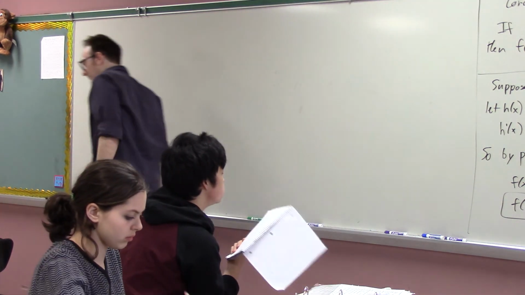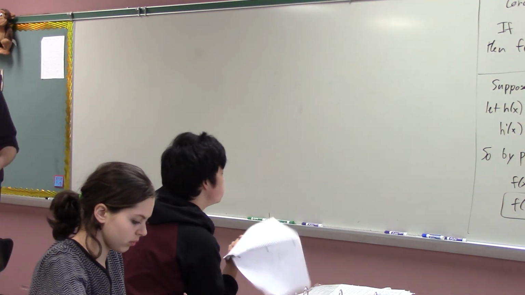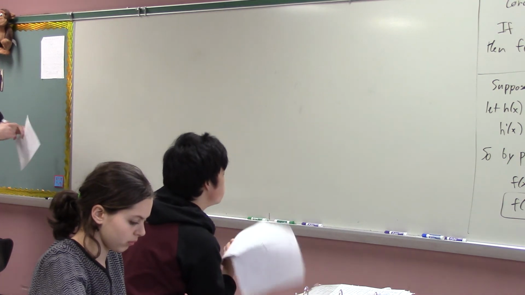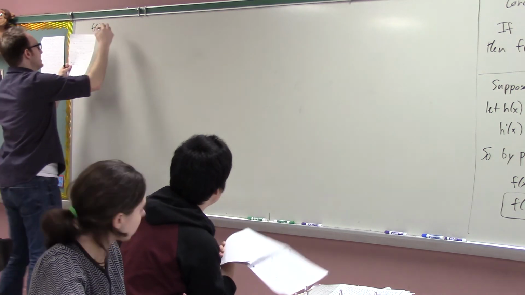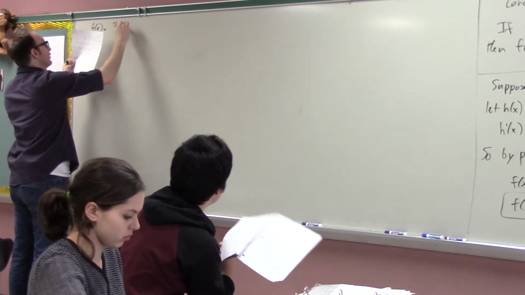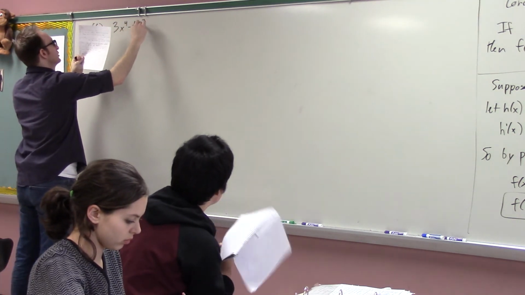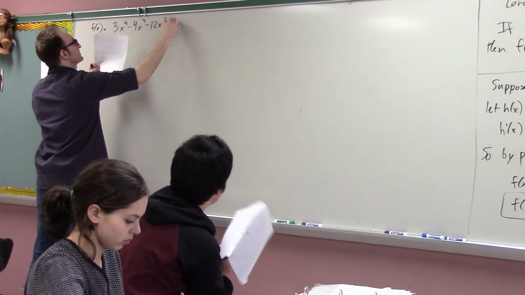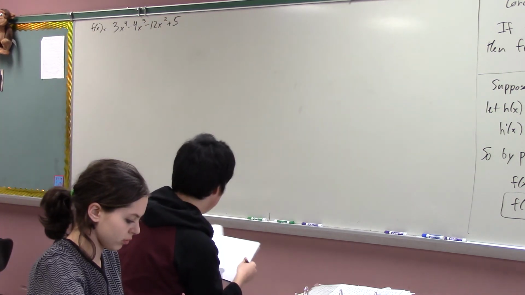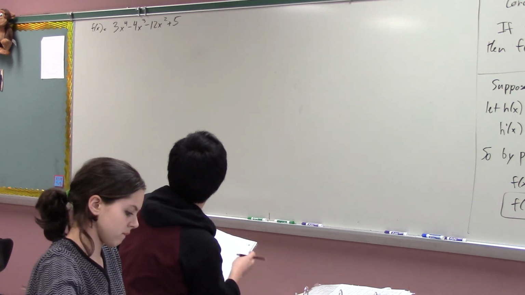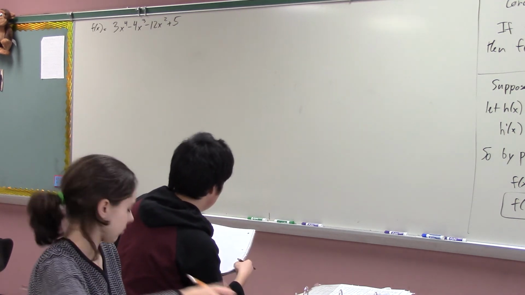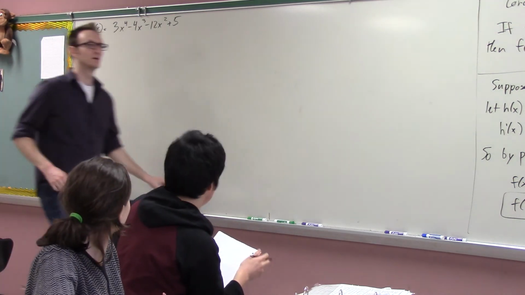Now, with the power of calculus, you can basically figure out anything about anything. Watch. I give you a function: 3x to the fourth minus 4x cubed minus 12x squared plus 5. Please, using calculus, determine and justify when this function is increasing and when it is decreasing.